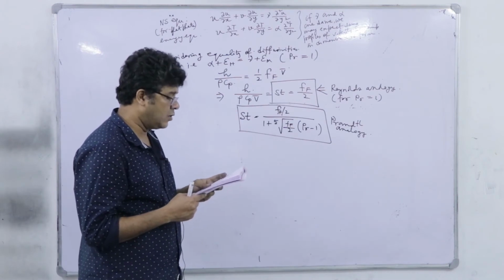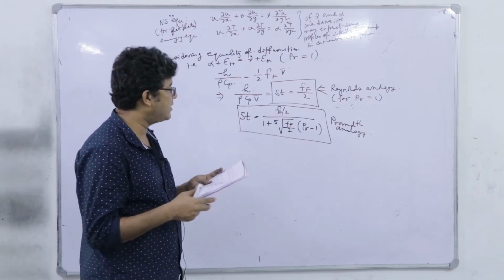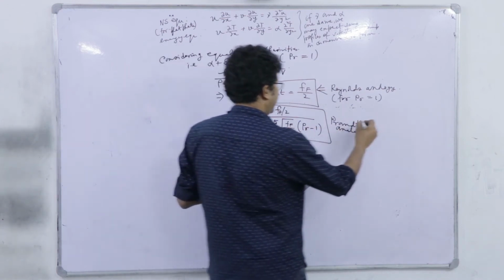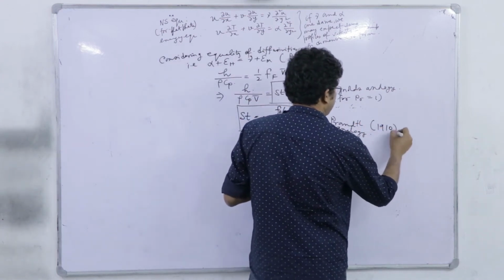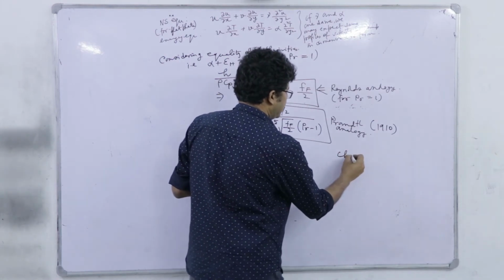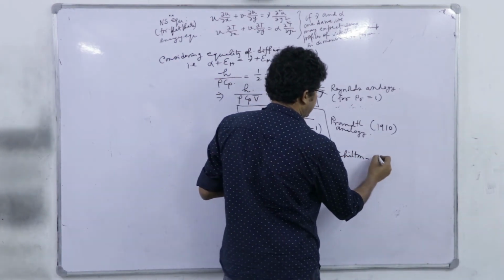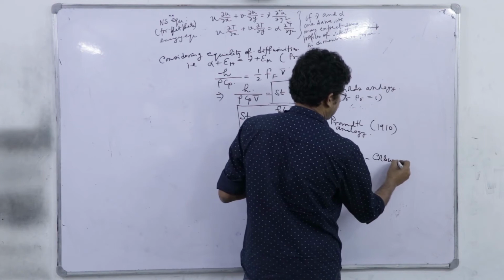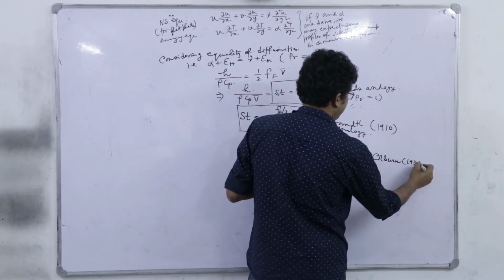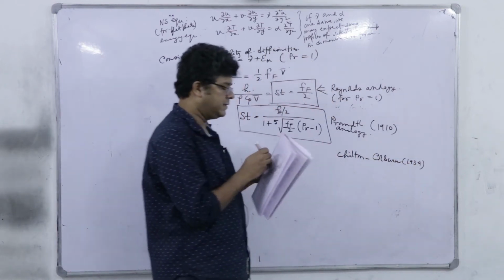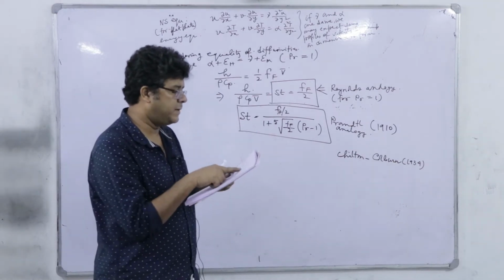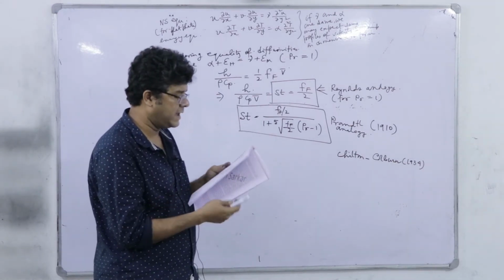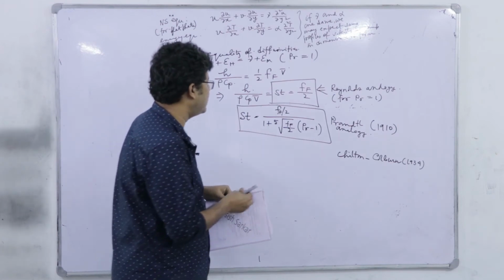Now, this Prandtl analogy was developed in 1910. Much later, Chilton and Colburn, in 1934, simply replaced the entire denominator by Prandtl number to the power 2/3.